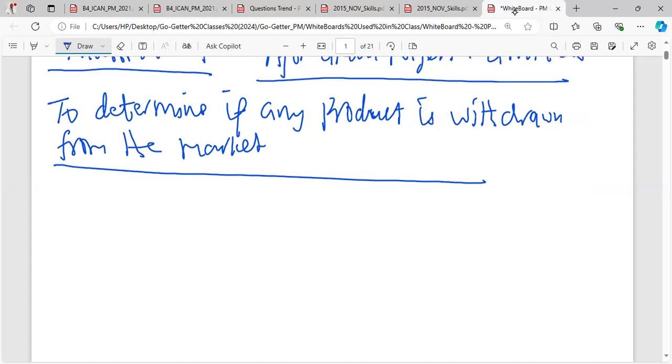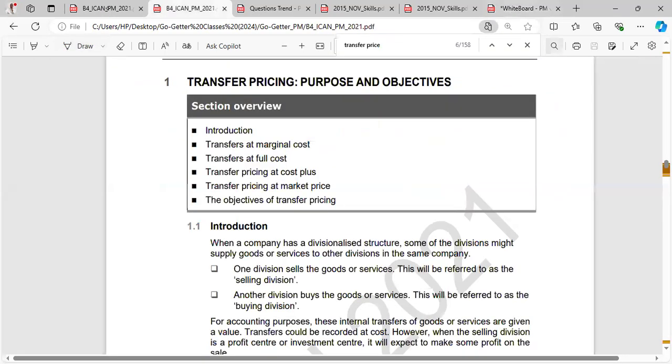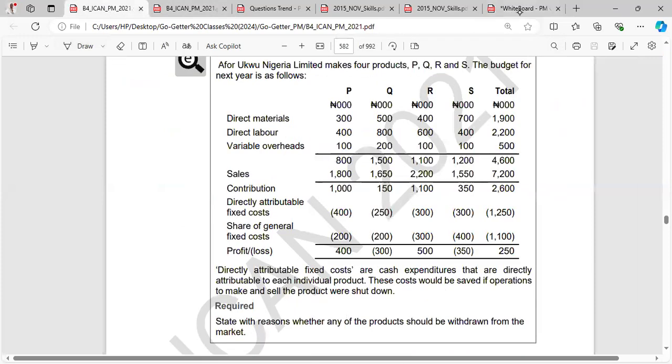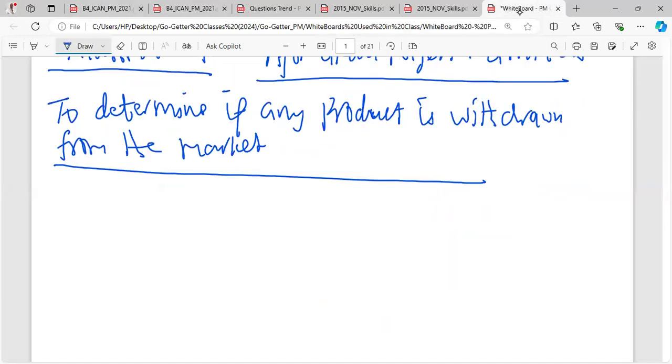Okay, so how many products do we have here? We have P, Q, R, and S. Then we have the total.